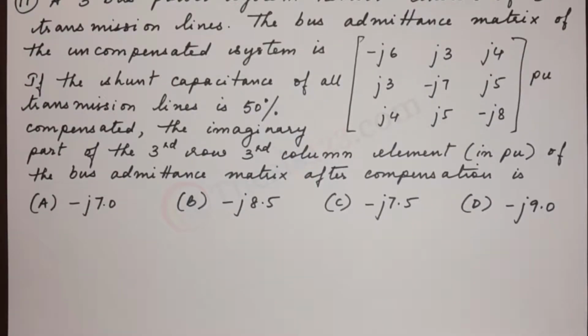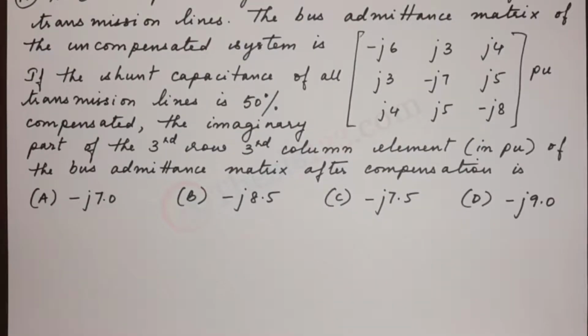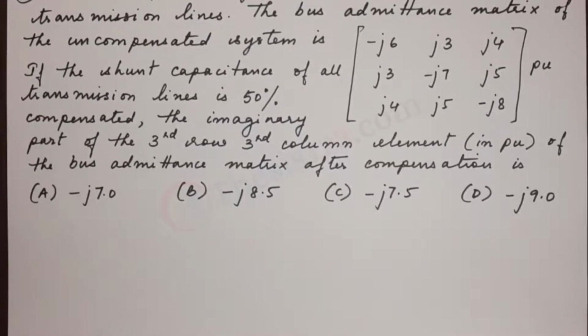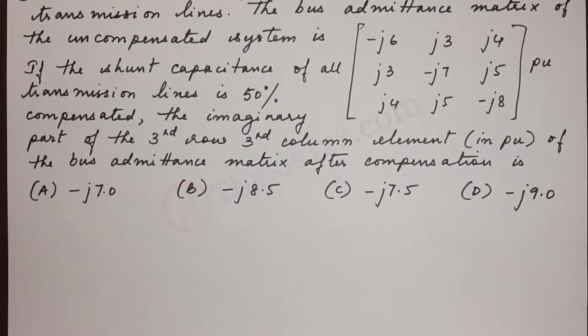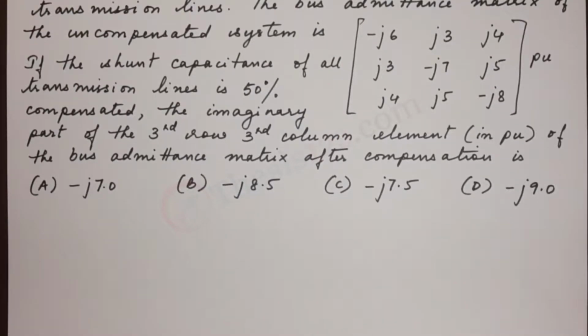Okay, so the first thing we have to do is write down what an admittance bus looks like with its elements. Note that we will have to keep the diagonal elements as positive while the rest of it would be negative. So I'm going to write that down now.